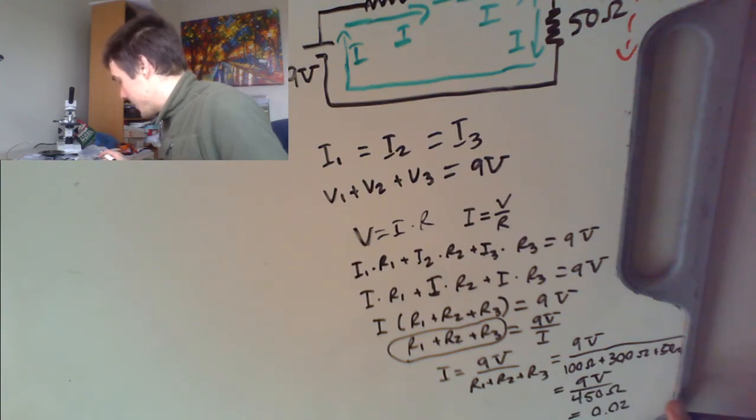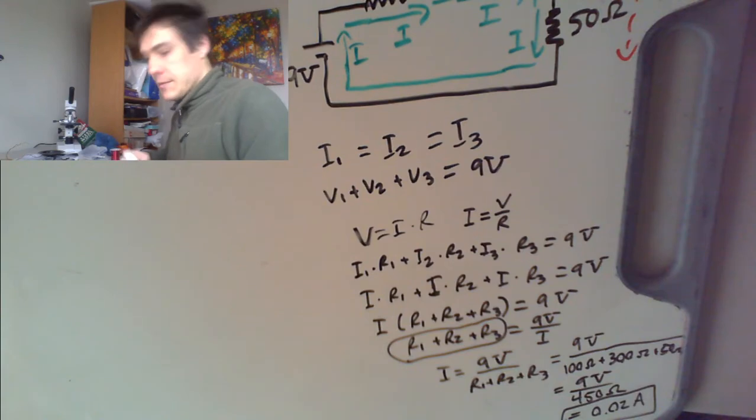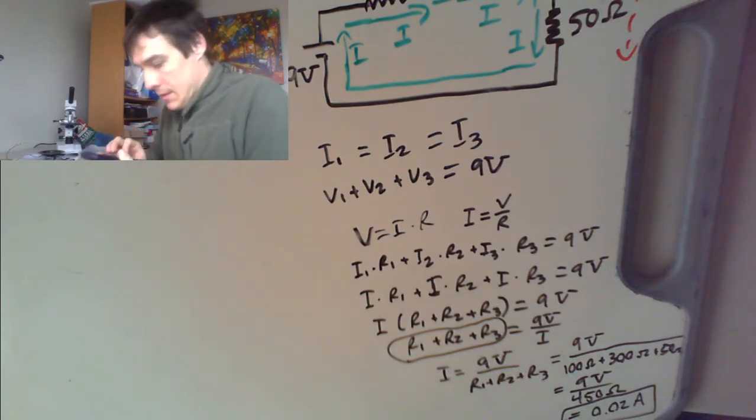That seems reasonable, 0.02 amps. If I double check that, 9 divided by 450, yes, 0.02 amps.